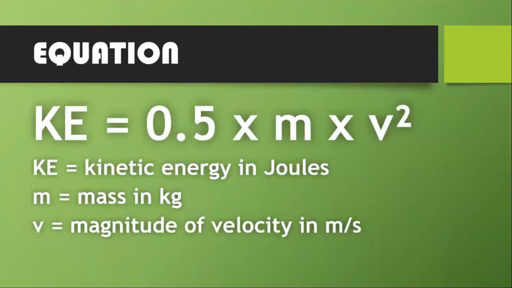So if we're going to calculate this, kinetic energy is equal to 0.5 times the mass times the squared velocity. The unit for kinetic energy is joules. The mass, represented by small letter m, is in kilograms, and velocity is in meters per second.